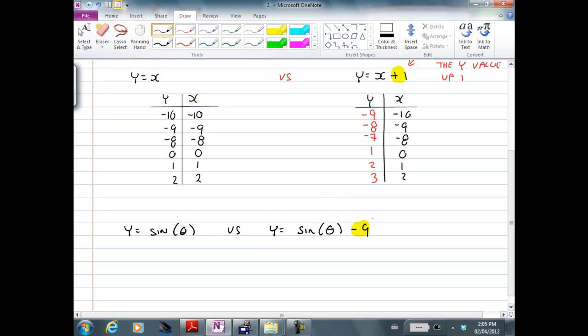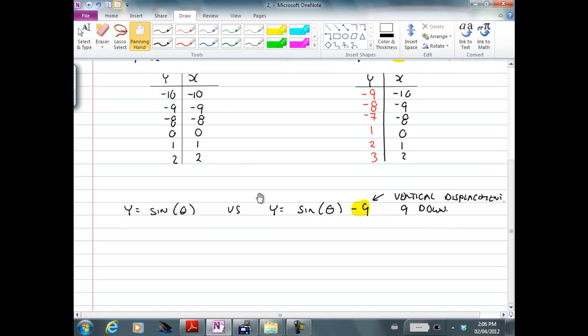This is called your vertical displacement from trig. Normally I should have taught you transformation first so you can understand trig, but I did a total reverse. So transformation is what you did already, except you didn't realize it. That's your vertical displacement, which is 9 down. And the key thing you got to understand is this star.